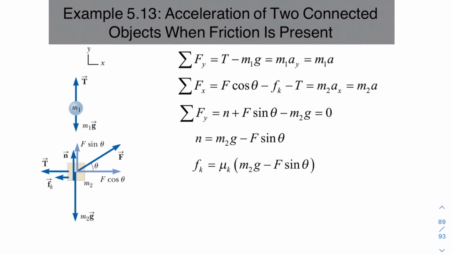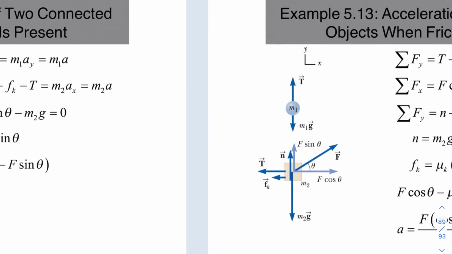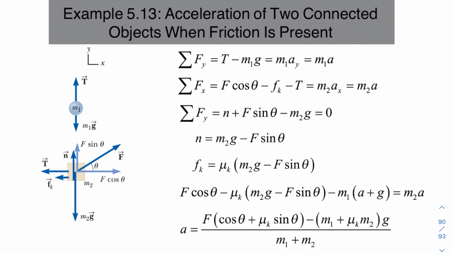So then from that, you substitute your fk with μn, and your n is this one. Followed by the fk you have in this equation.